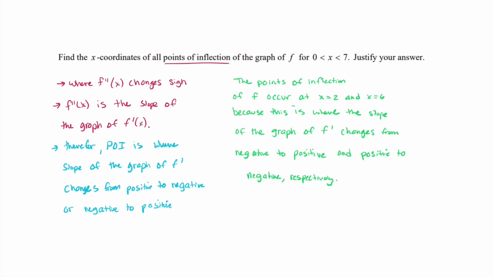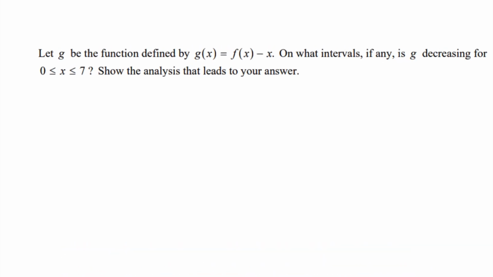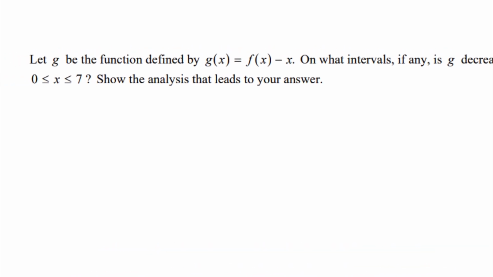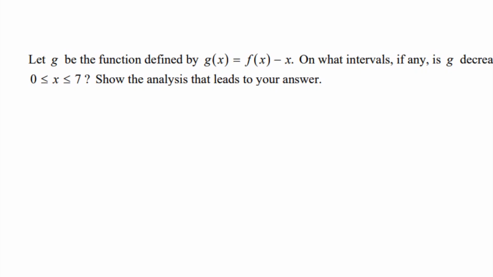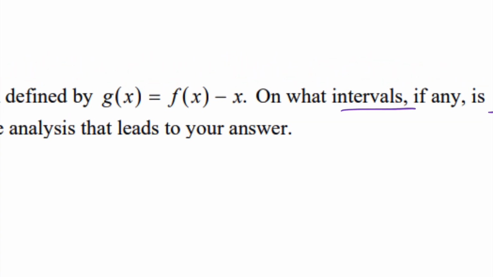Perfect. All right, let g be a function defined by g of x. On what intervals, if any, is g decreasing? Okay, if we want to know what intervals g is decreasing, they introduced that the function f of x minus x is equivalent to g.